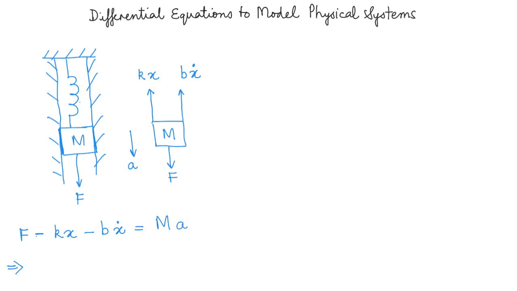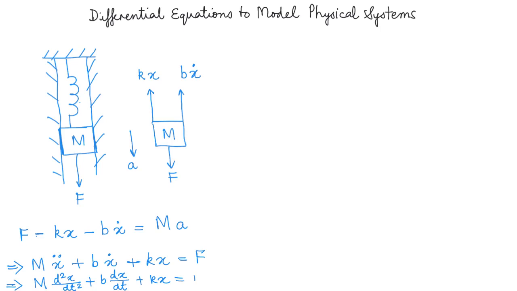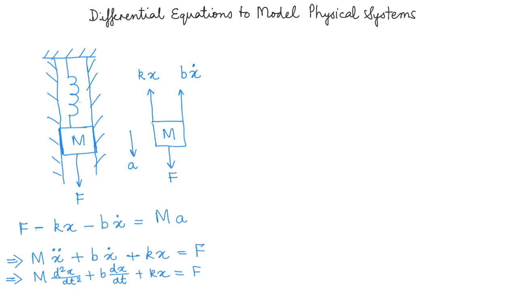This means that mass times acceleration, which is the second derivative of x, plus b x dot plus kx is equal to F. I can write this in more standard terminology as m d2x by dt square plus b dx over dt plus kx equal to F. So you can see that this is a differential equation representation of the spring mass damper system.